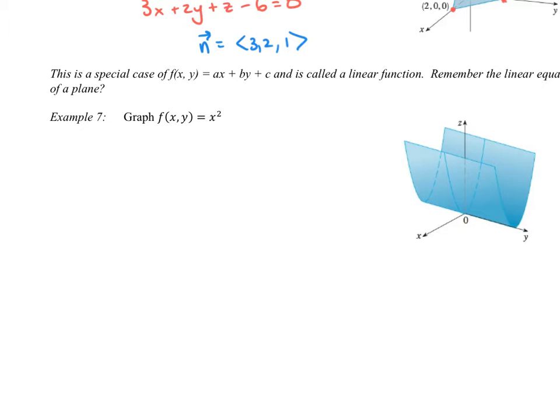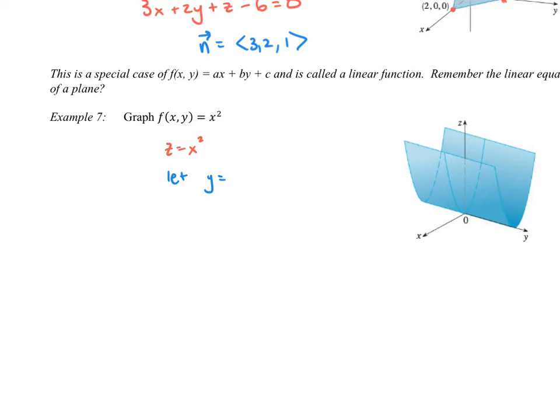And I guess the question is, let's think about why that shape is formed. Remember, this is really z equal to x squared. And since we don't have any y value in our equation, y can vary independently. y can be anything you want it to be. So let's let y equal 0.